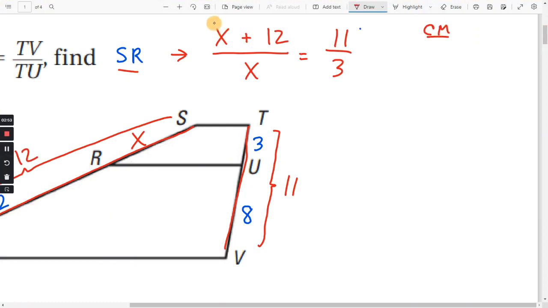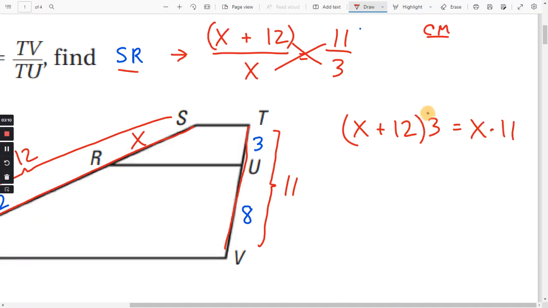You want to use parentheses here and do x plus 12 times 3. And that equals x times 11. Distributing 3 times 12, and then 3 times positive x. And that equals 11x.